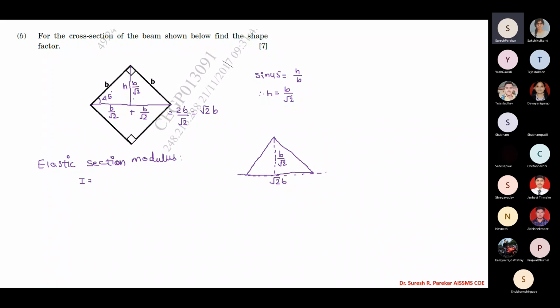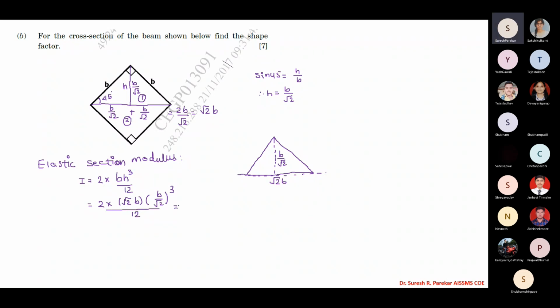Now we have two triangles. This is one, this is second. So we have 2 times BH cube by 12. And now we will put the values: for B we have root 2B, and for H we have B by root 2 cube, divided by 12.